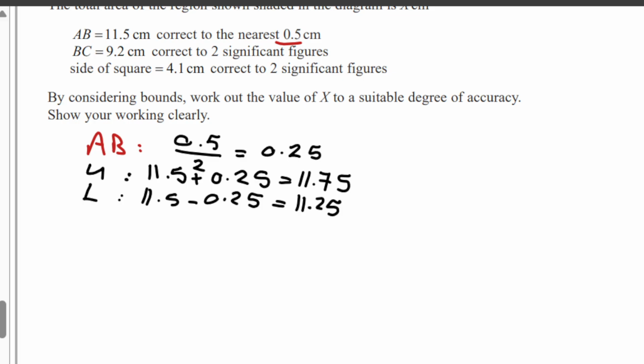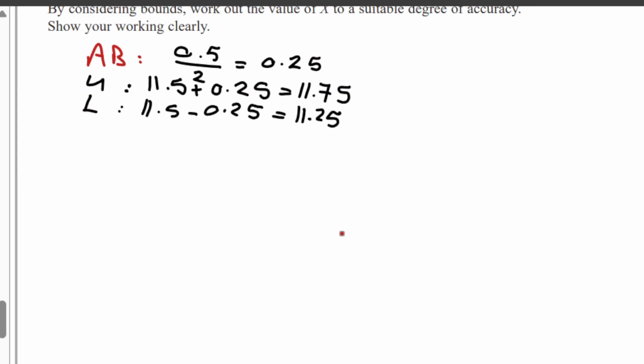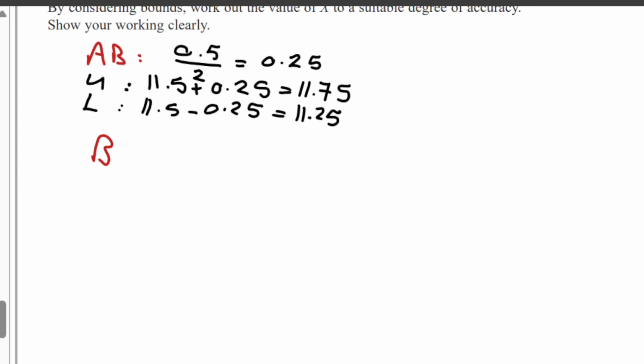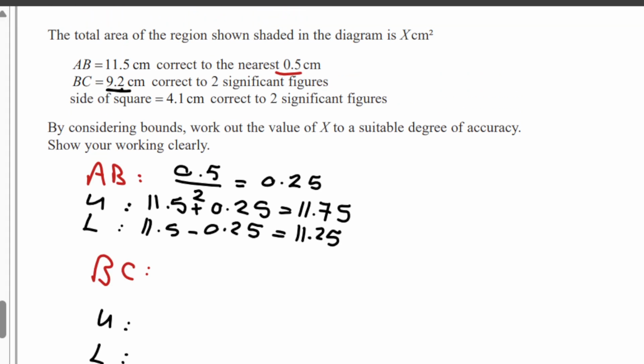Now let's go to the other side, which is BC. Let's write it in red. We will also find the upper bound and the lower bound. So let's read. BC is 9.2 to 2 significant figures. 2 significant figures means it's 1, 2. So the place value here is tenth.